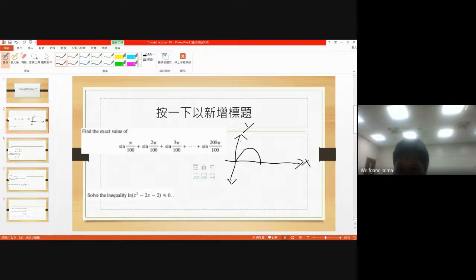And sine basically looks like this, right? This is pi here, and here we have 2 pi.